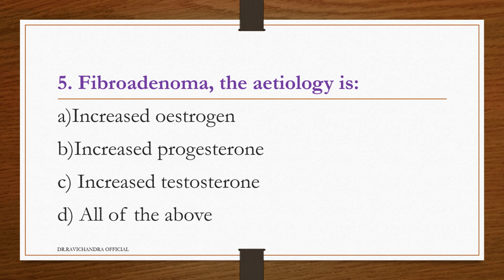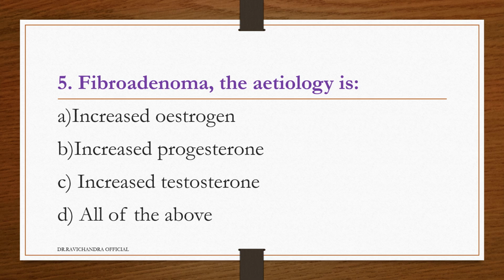The exact cause is not fully understood, but it is believed that estrogen will stimulate the growth of the breast tissue, leading to the development of fibroadenomas. These fibroadenomas are most commonly seen in young women, typically during their reproductive years, which further supports the role of estrogen in their development.